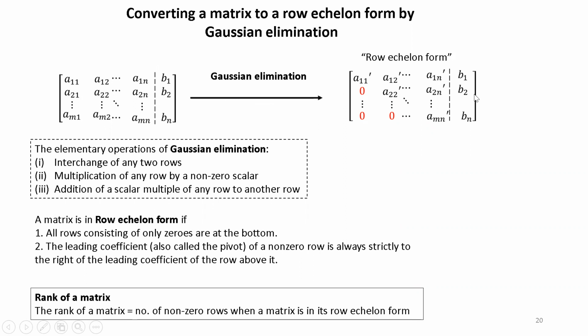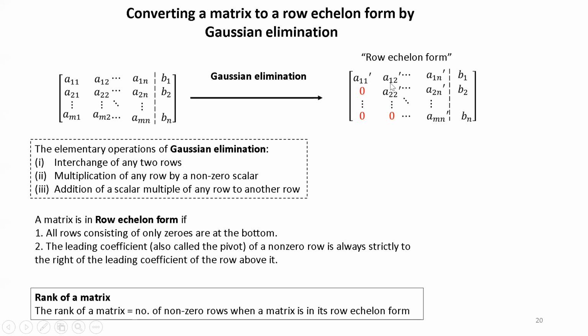This row echelon form looks like this. First of all, if you have some rows that only contain 0, you put them at the bottom. Also, the leading coefficient of a row, that means the first non-zero number in the row, is always strictly to the right of the leading coefficient of the row above it.